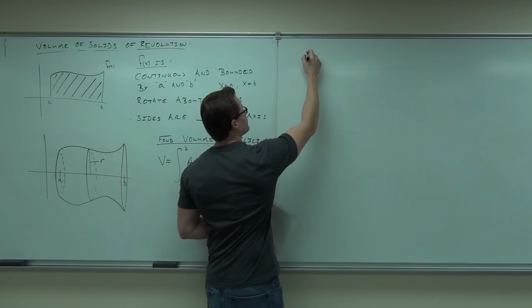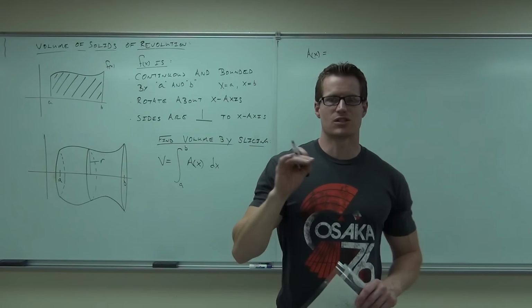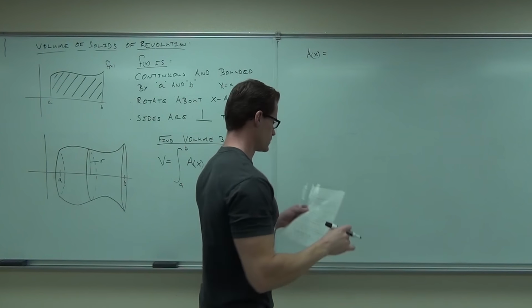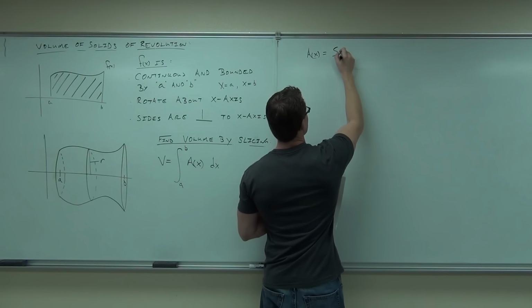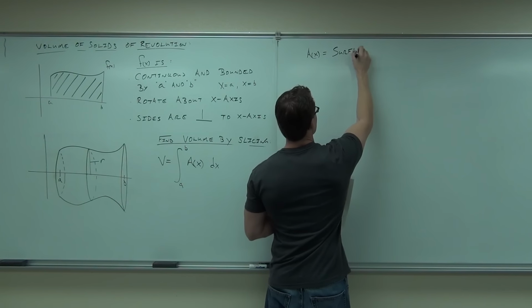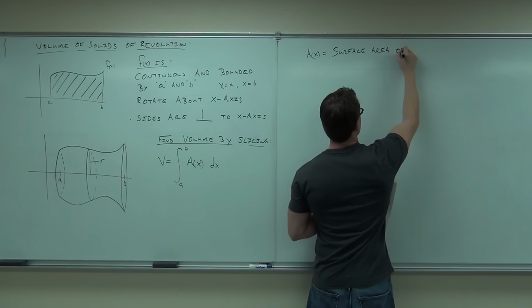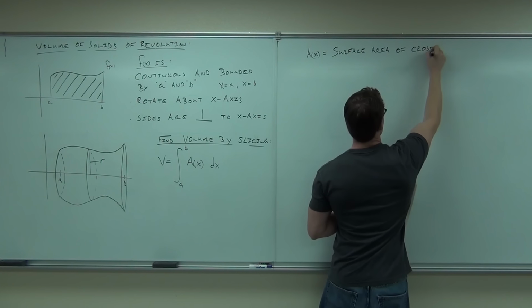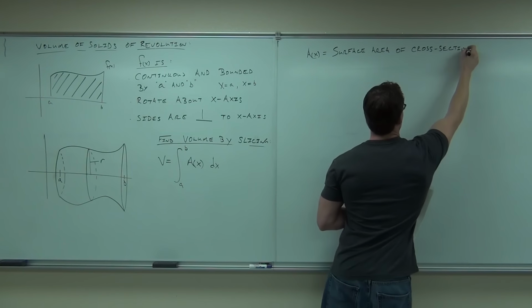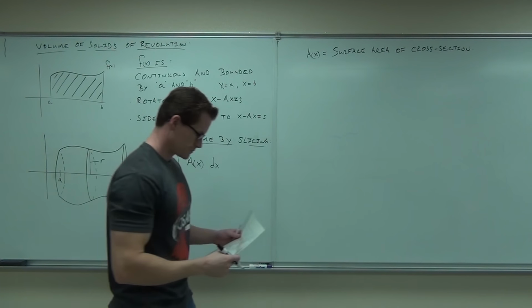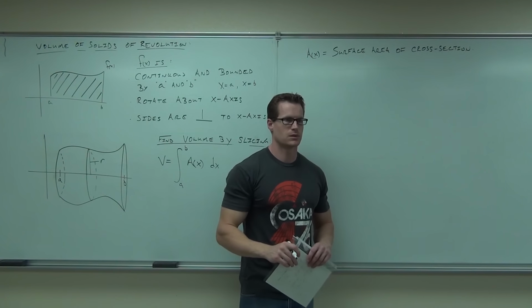Firstly, note that A of x represents the surface area of the cross-section. You okay with that?